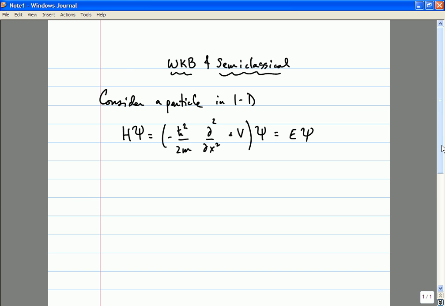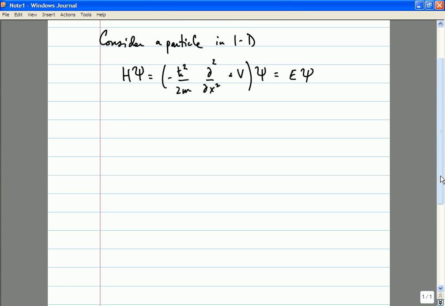So let me rewrite this formula in a slightly more suggestive form. So let me rewrite this as d squared by dx squared plus 1 over h bar squared p squared acting on psi is equal to 0, where p squared is found by rewriting the equation up above.